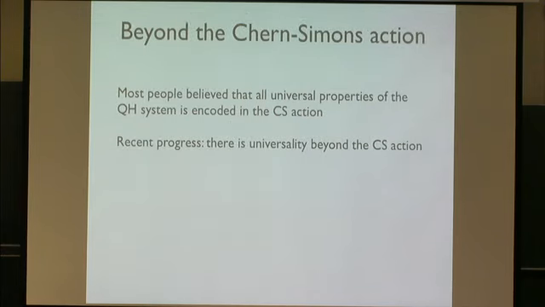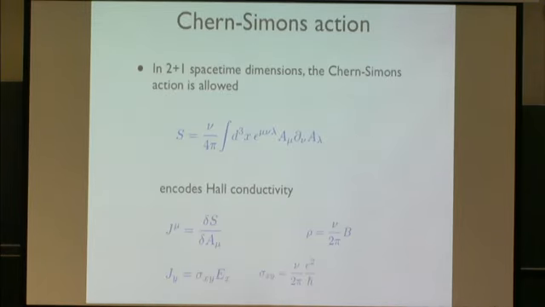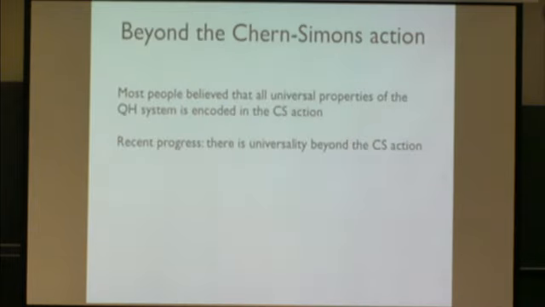So it seems to be a very nice topological action that encodes the information about the quantum Hall physics. Many people believe that all universal properties of quantum Hall systems are encoded in the Chern-Simons action.